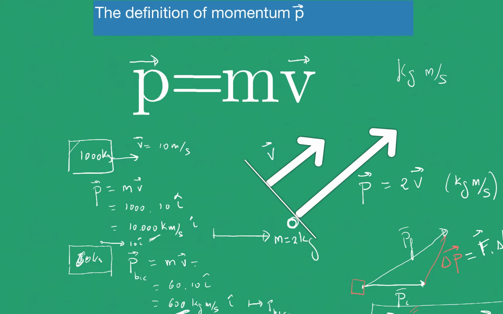We will pay attention not only to the change in the velocity, but more on a fundamental quantity, the momentum, and we will pay attention to the change in the momentum. And we will establish the second law of Newton using the definition of momentum.